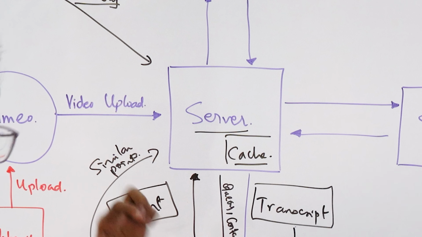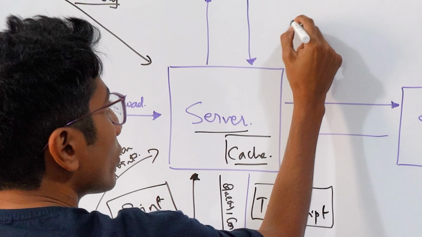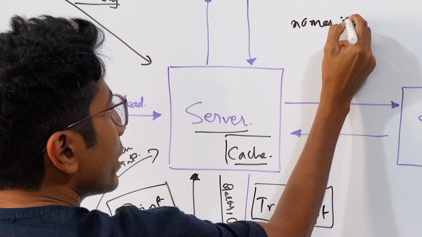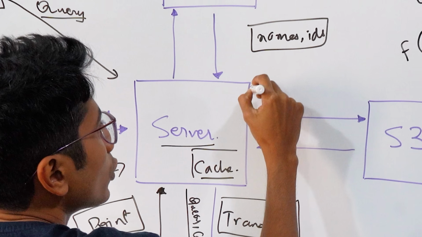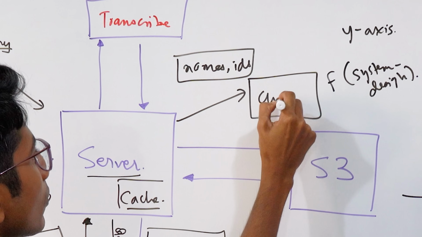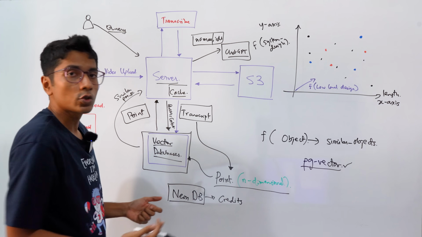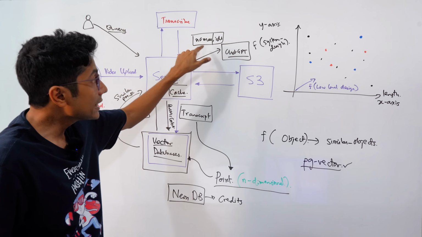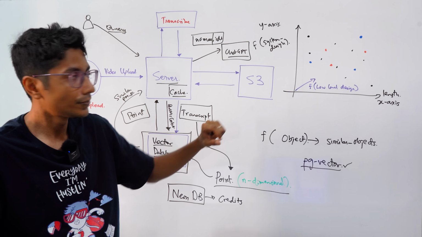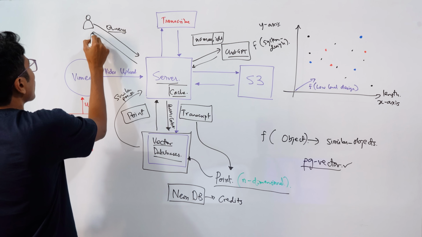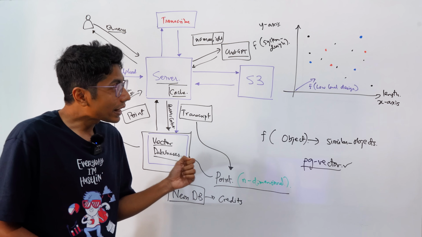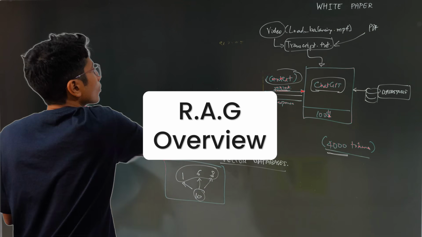Now, we take these similar files, take the names of them or the IDs of them, and we send this to ChatGPT. We say answer this query, keeping in mind that these are the files you should look into. ChatGPT gives us a response, and then this response is forwarded to the user. Let's now look at how this is actually implemented.